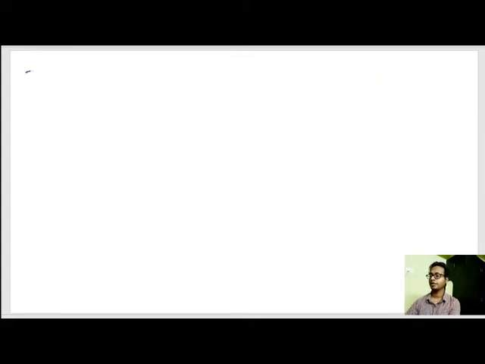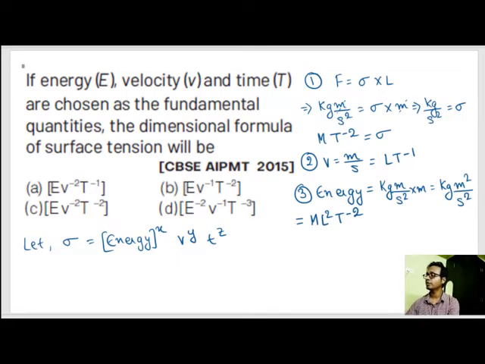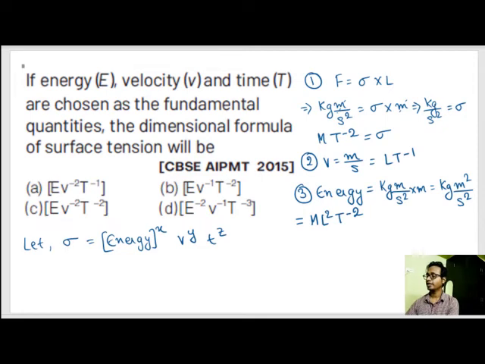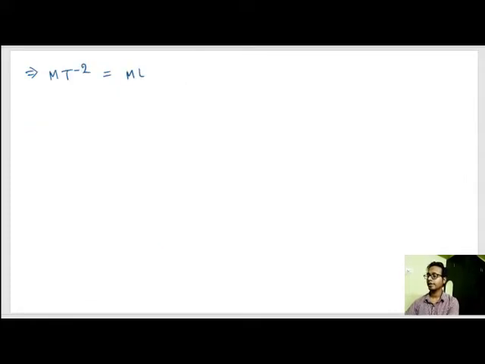The dimension of surface tension was kg per second square, or M T minus 2. This was surface tension. Okay. Now the dimension of energy was M L square T minus 2, to the power x.